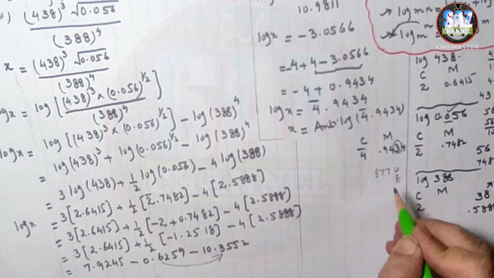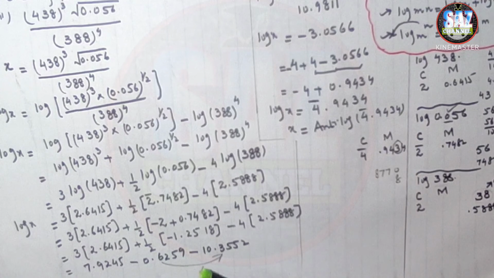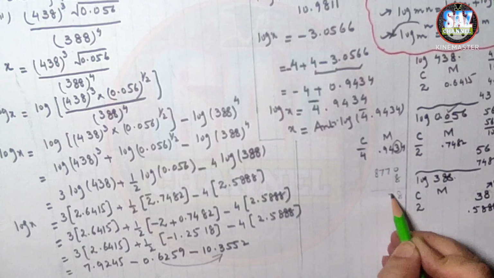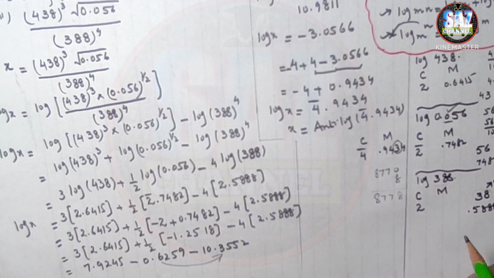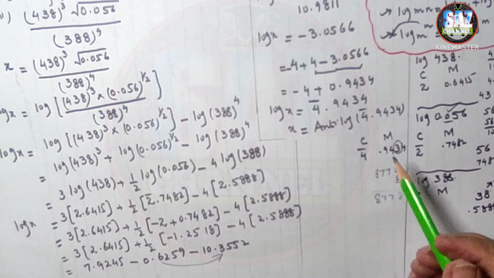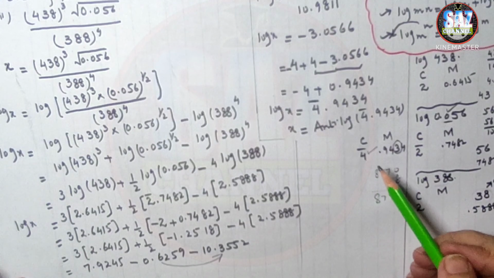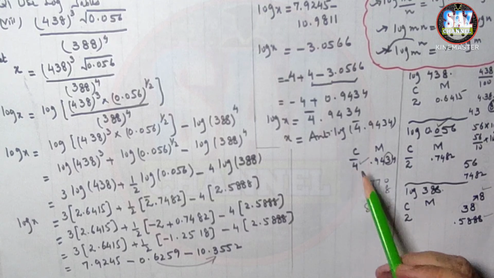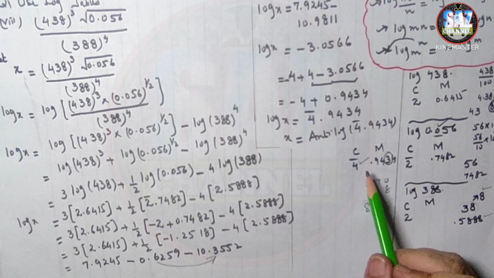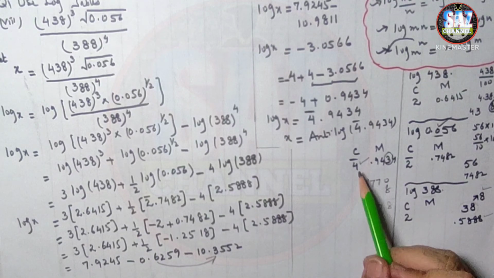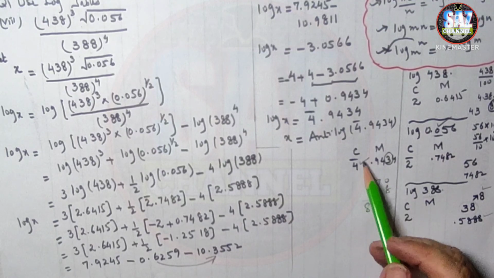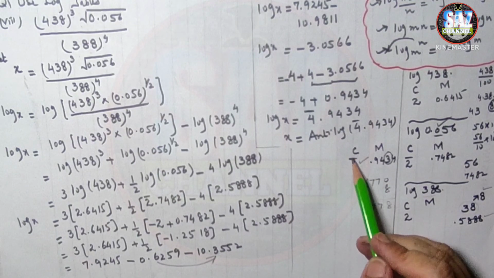And then let me reconfirm this. This becomes 8778. Now what is the role of characteristic here? Role of characteristic is that it will be helping us in identification and the placement of the decimal. As the characteristic is minus 4, so it's negative.